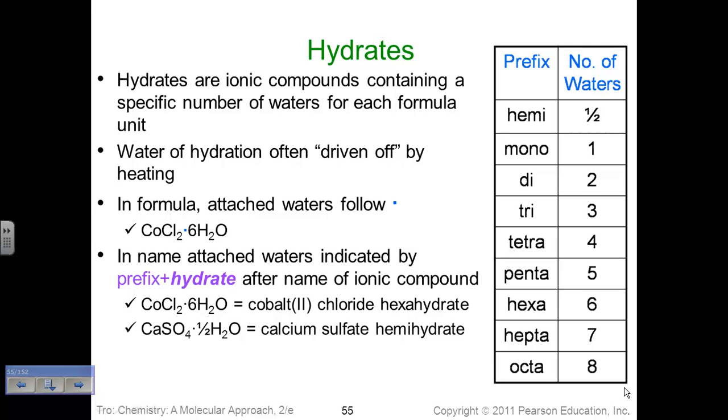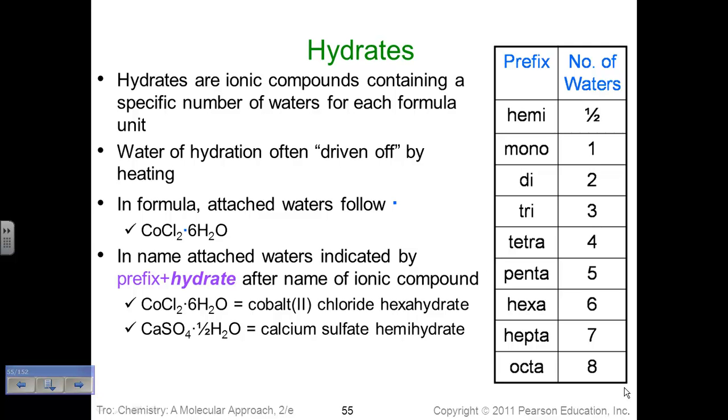Its anion name is chloride. Cl -1. Think about uncrisscrossing. 2 units of a -1 balance with 1 unit of a +2. Cobalt is carrying a +2 charge. The name of CoCl2 is cobalt(II) chloride.